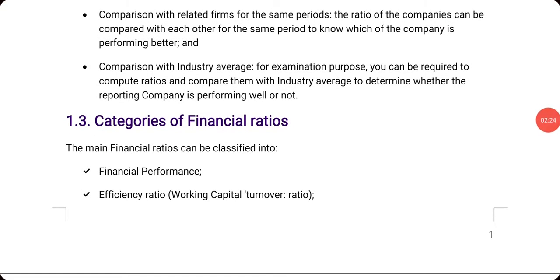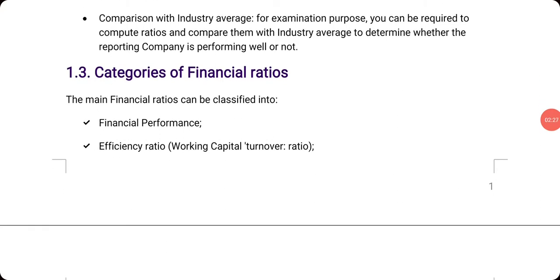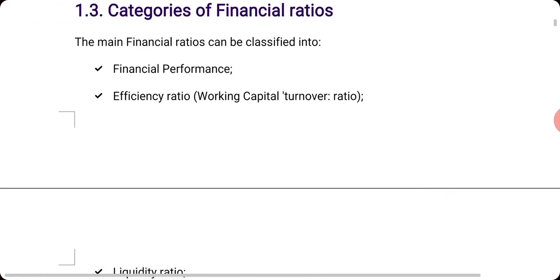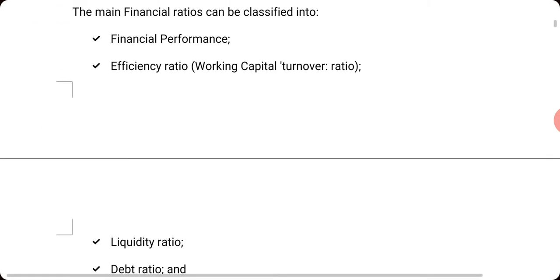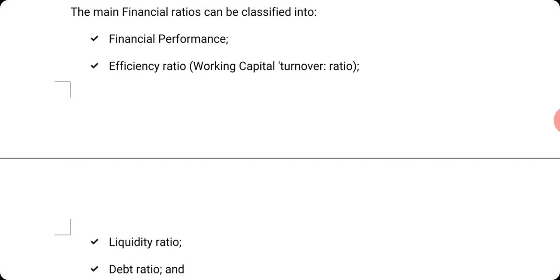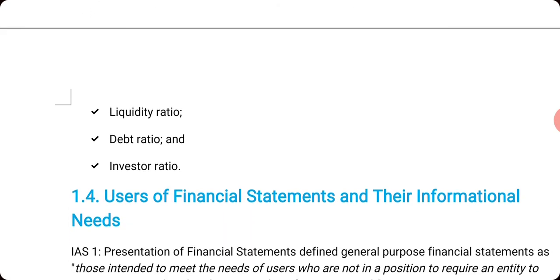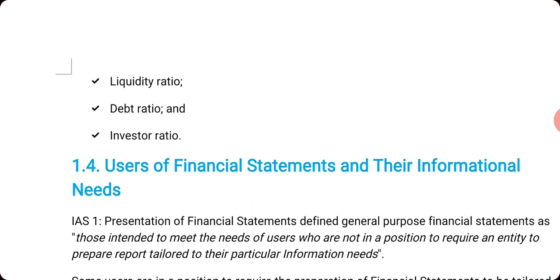Categories of financial ratios. We have majorly five categories, and these categories are financial performance, efficiency ratio, liquidity, debt ratio, investor ratio.